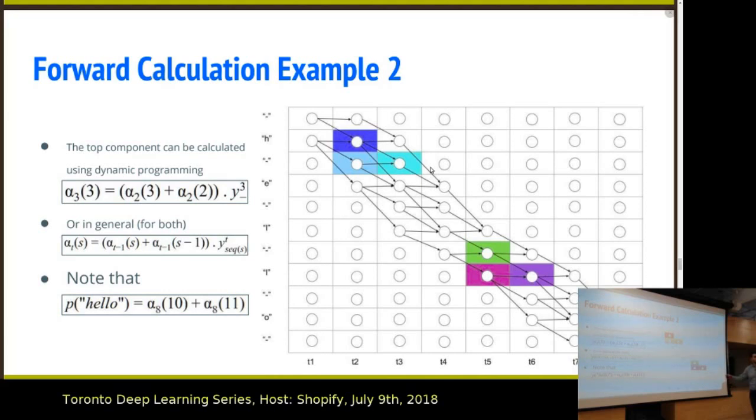Those will be the same things. Not quite, because you have multiple time steps and you don't know how to align the tokens with the time steps. You don't know where L is going to happen, how long it is going to be, how many time steps it's going to take.